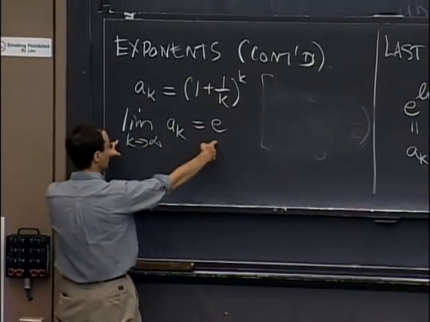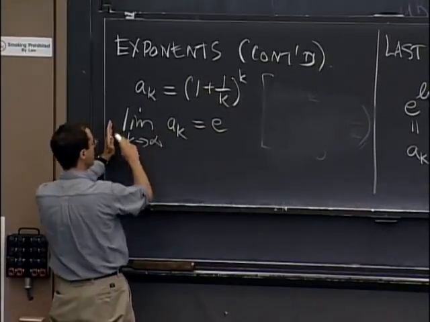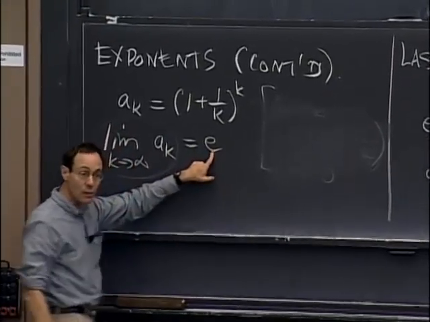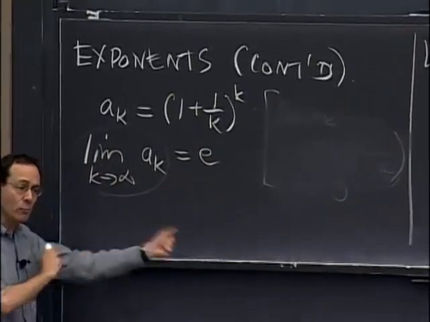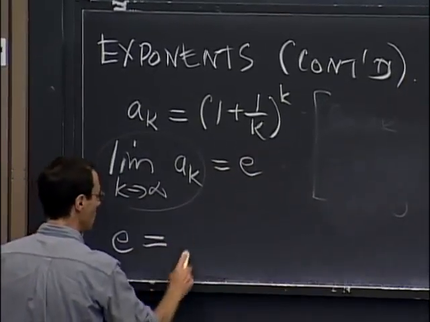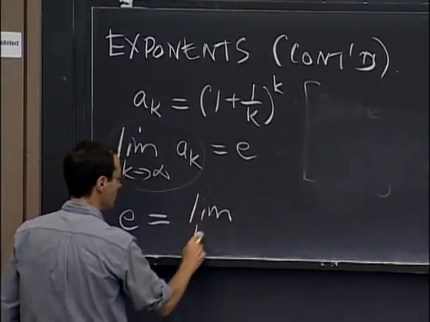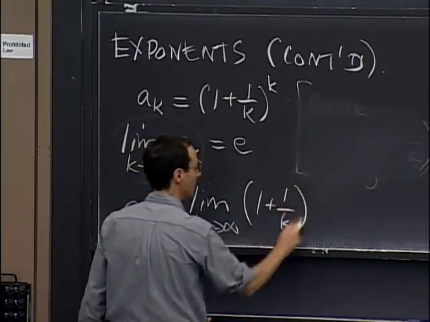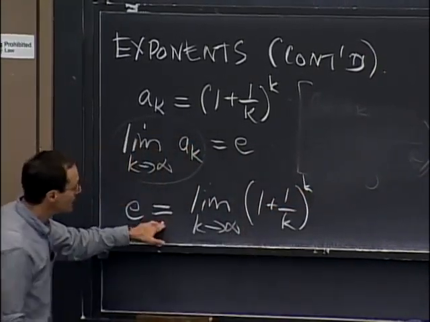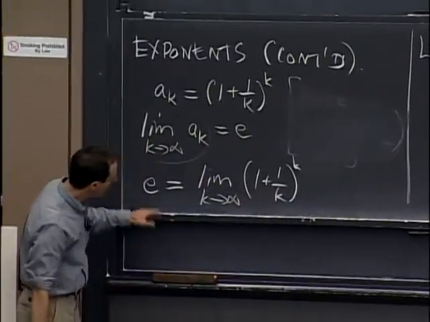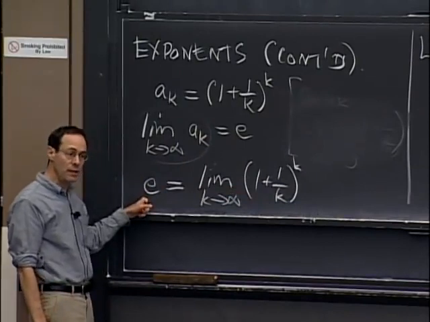I just looked at this backwards. One way you can think of this is we're evaluating this limit and getting an answer. But all equalities can be read both directions. And we can write it the other way: e equals the limit as k goes to infinity of this expression here. So that's just the same thing. And if we read it backwards, what we're saying is that this limit is a formula for e.